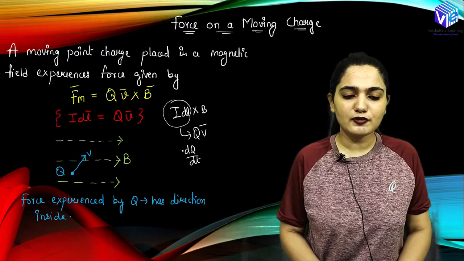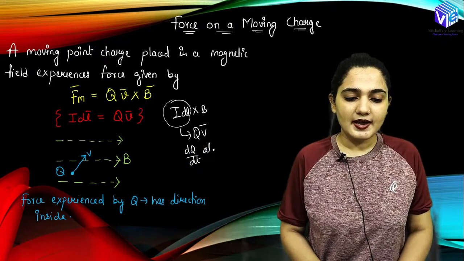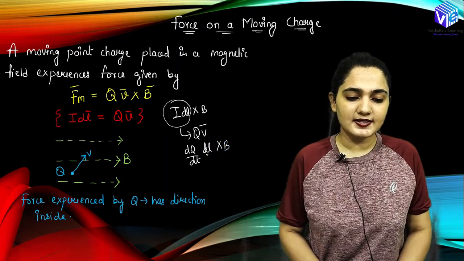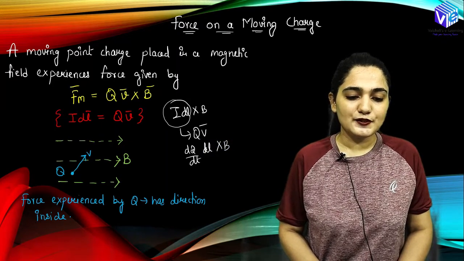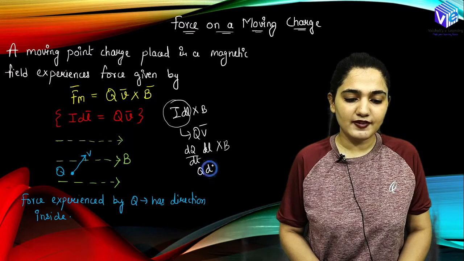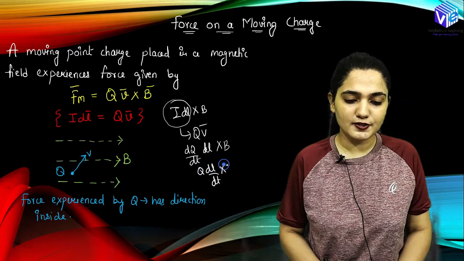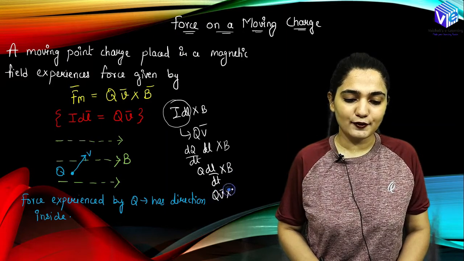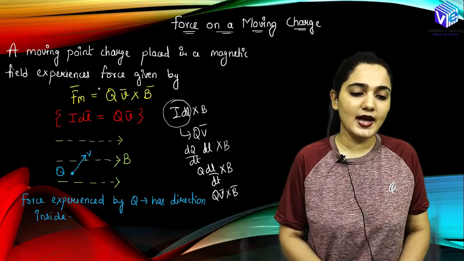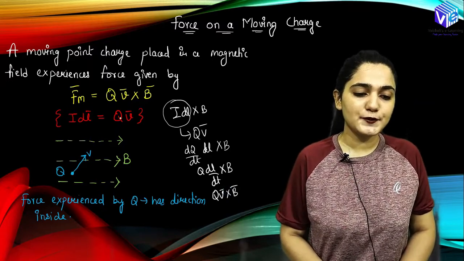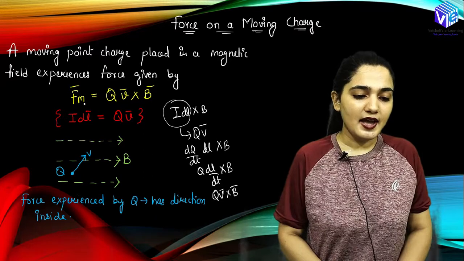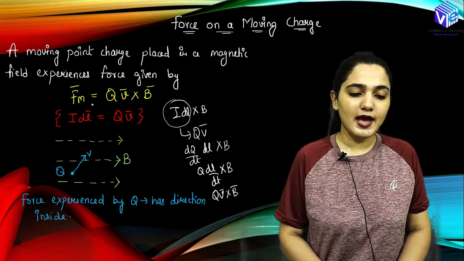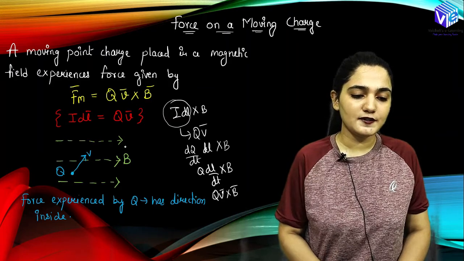If I am talking about the full charge, it would be q upon dt, and here we will be having dl, right, cross B. So if I take this dt below this dl, if I take the total charge q, dl upon dt cross B, so it would be q, dl upon dt is v, cross B. So this is how I can represent the magnetostatic force, which is Fm is equal to Qv cross B, right? So Fm is equal to Q v vector cross B vector.